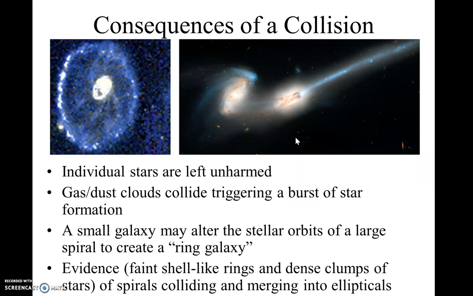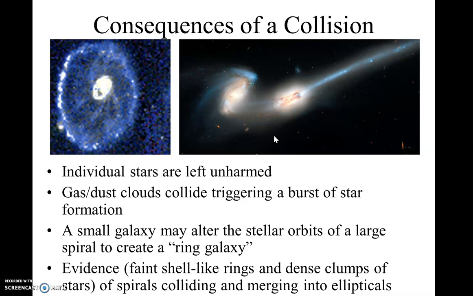All right. So now what happens when galaxies collide, if you will? When we do the computer simulations, remember, the stars in galaxies, even in the center of galaxies, are still really far apart. And so you can actually have two galaxies passing right through each other, and no stars will actually hit each other. Now, that doesn't mean that the galaxies are not affected. They certainly are.